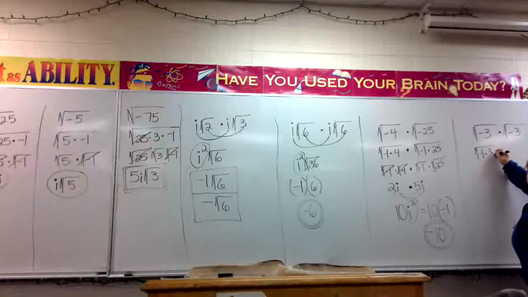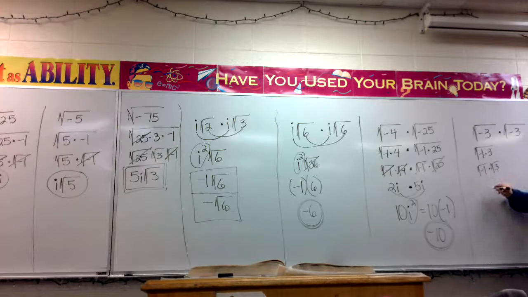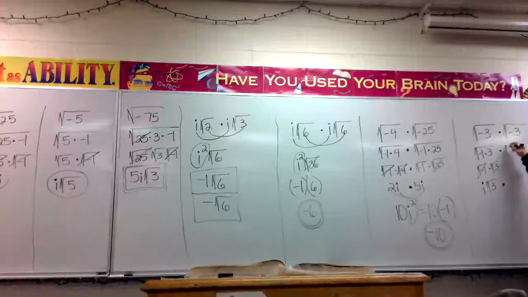That's -1 times 3, square root -1 times square root of 3. Square root of 3 doesn't come out even. What's square root of -1? I. And of course, this is another one, so it's the same thing. It's -1 times 3. It's square root -1 times square root 3. What is square root of -1?